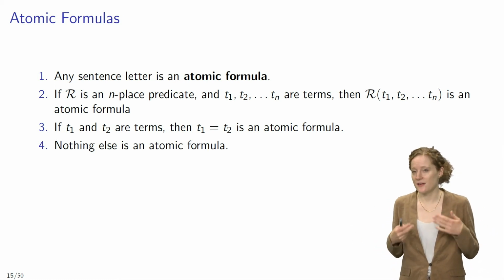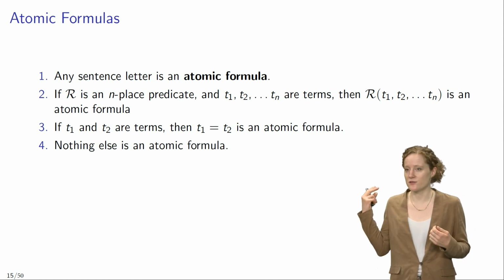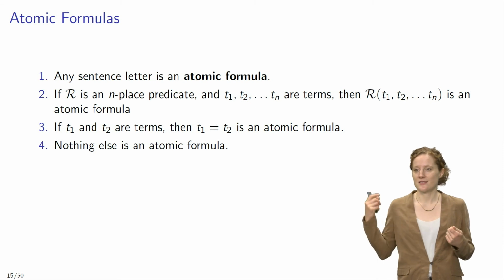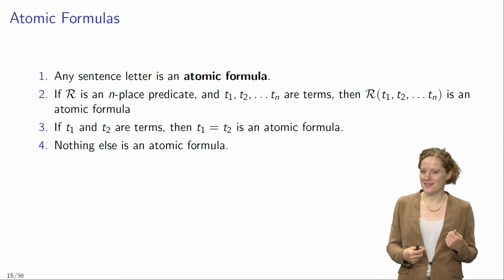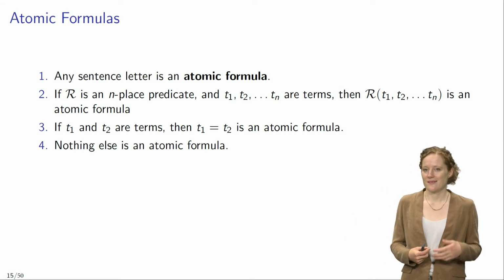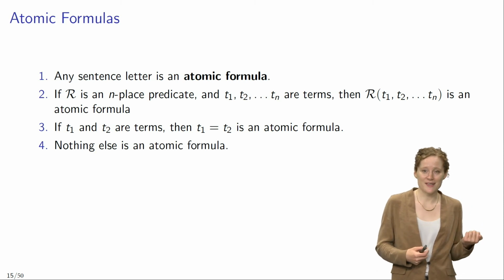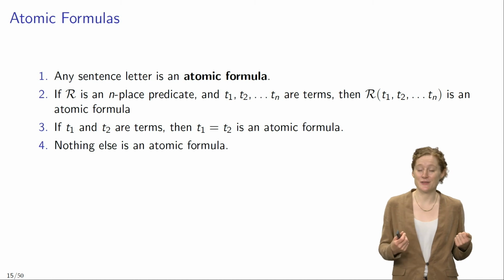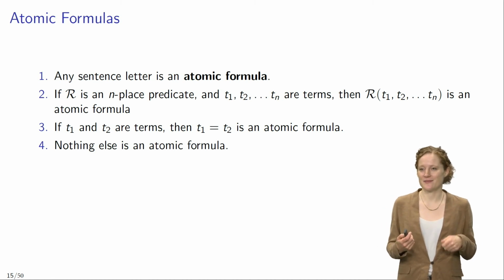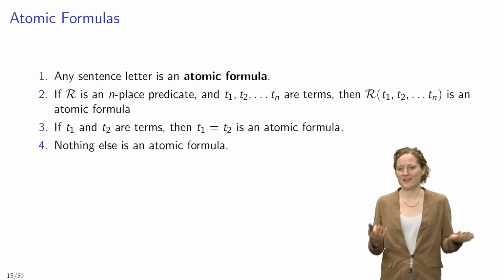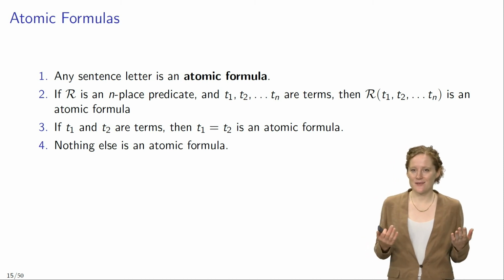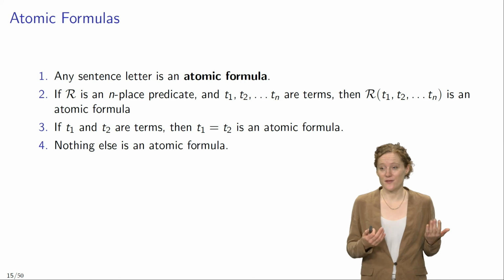So say if you have a two-place predicate and a sequence of two terms, then the result of applying this two-place predicate to your two terms is an atomic formula. Then third, if T1 and T2 are terms, then T1 equals T2 is an atomic formula. And finally, nothing else is an atomic formula. So that's our definition of an atomic formula.